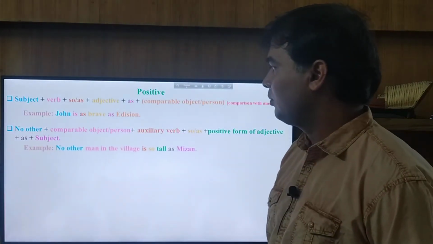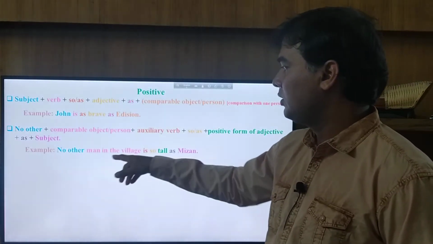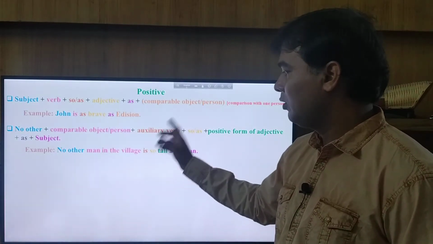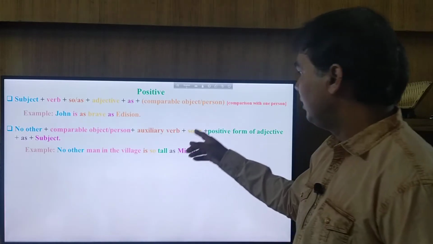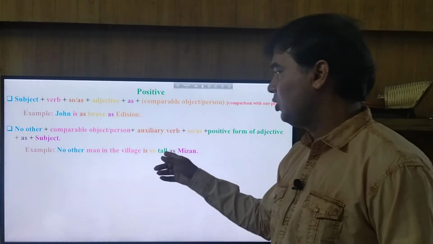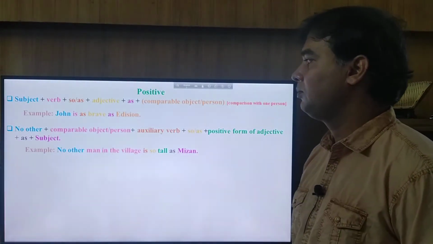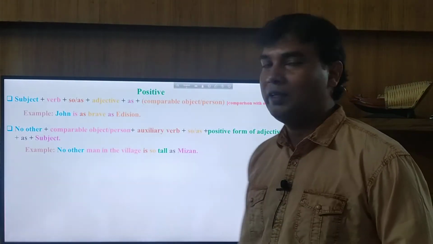You see the example: no other, comparable object or person, man in the village, then auxiliary verb, is, then "so", then positive form of adjective, tall, then "as", and then subject Mizan. So, no other man in the village is so tall as Mizan.